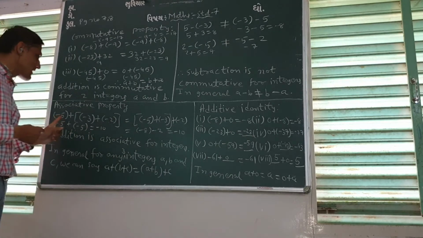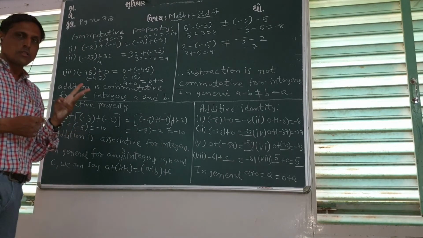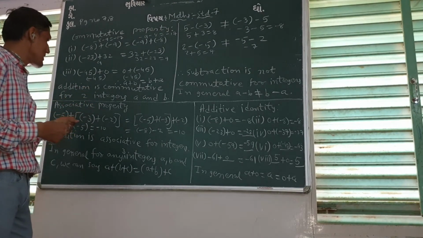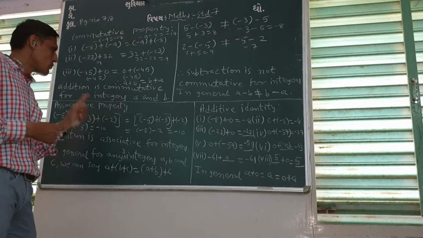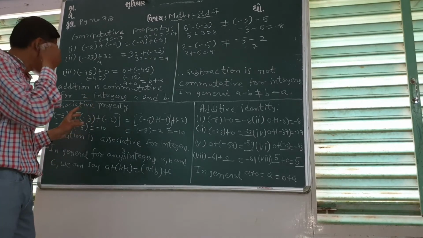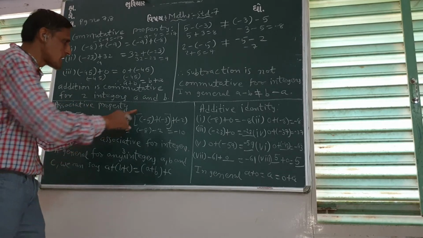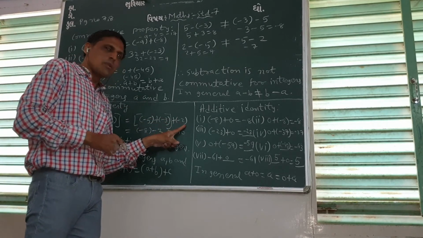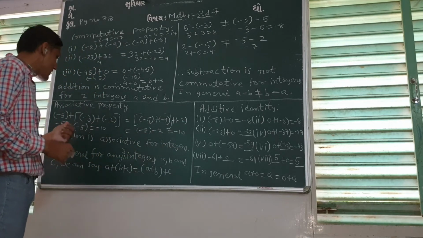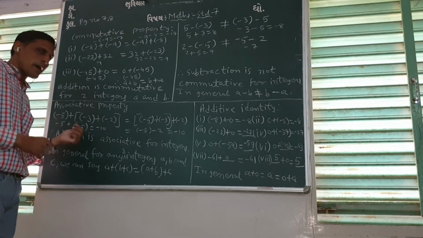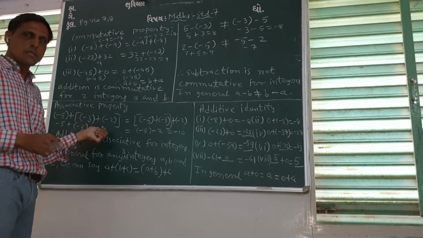Then associative property. We are taking three integers. -5 plus (-3 plus -2), right? So -3 and -2 have association. Here -5 and -3 have association, plus -2. So -3 plus -2 is -5, and -5 plus -5 is -10.